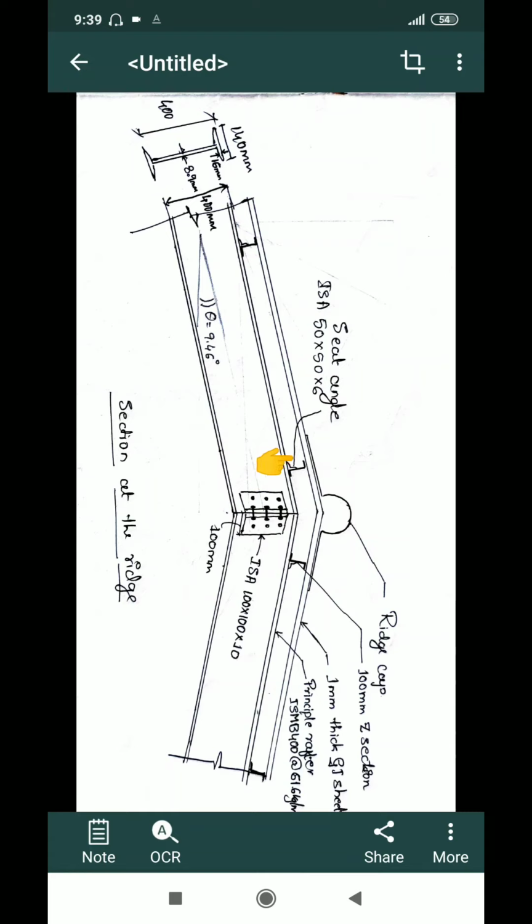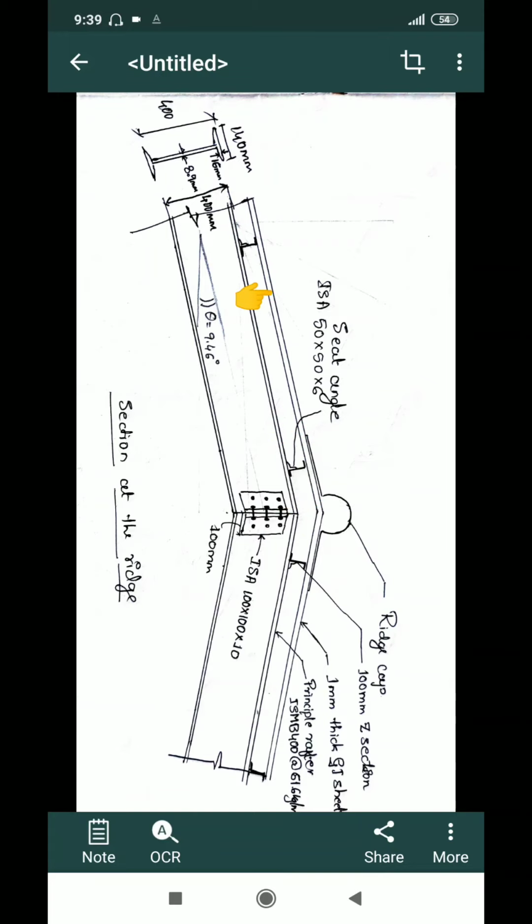These are the Z section purlins, 100 mm thick, and to hold those purlins in position I am providing a seat angle, an L shape like this, and this L shape angle is 50 by 50 by 6.